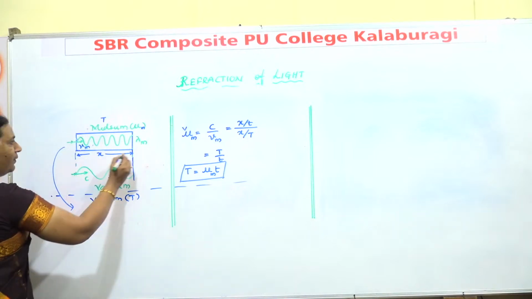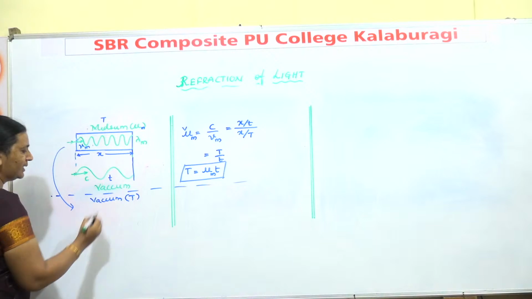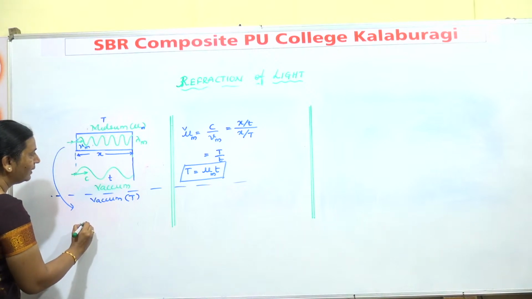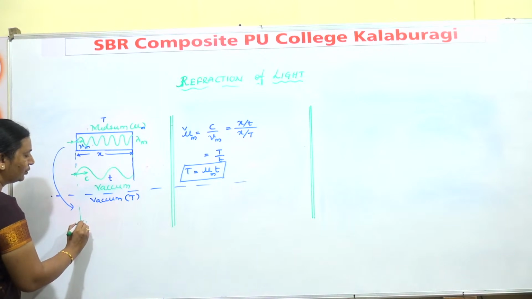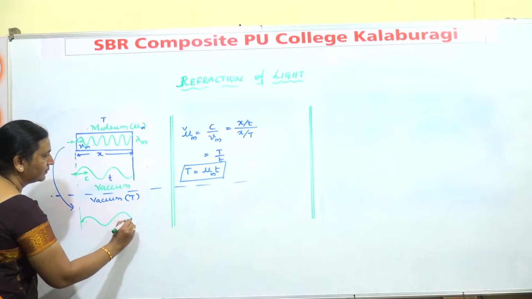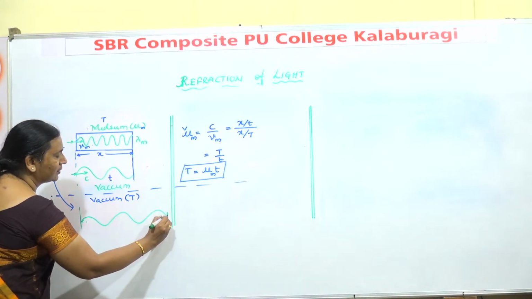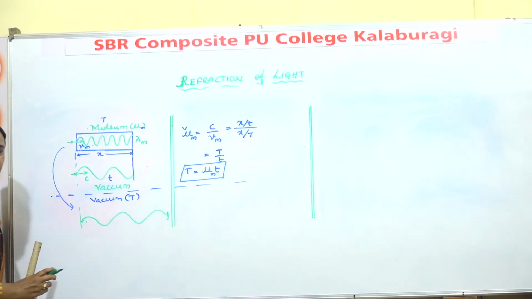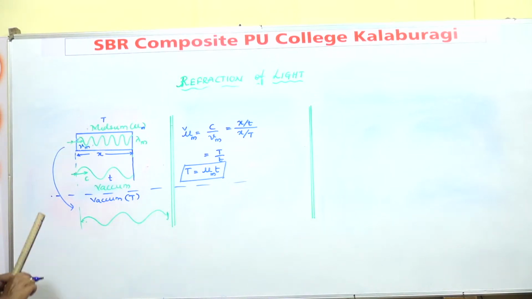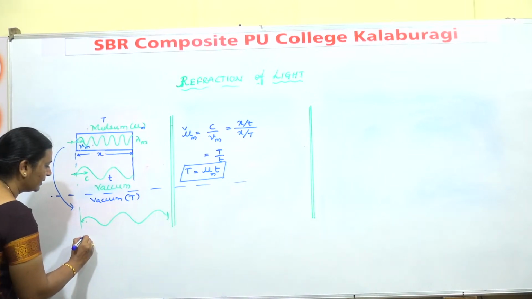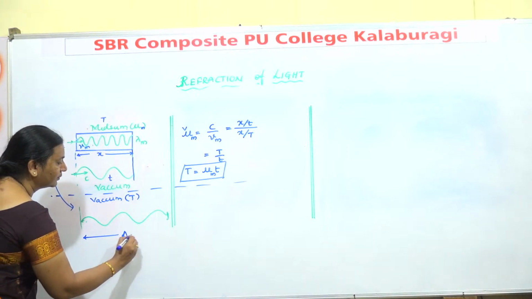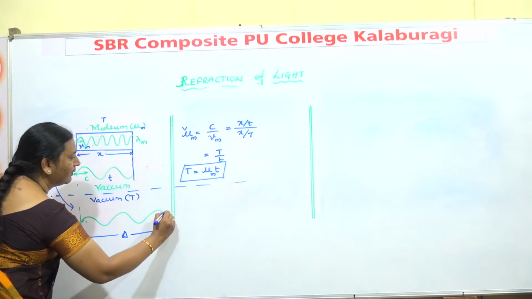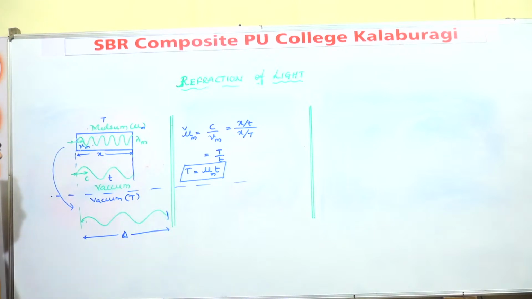So instead of x, imagine both start from here and it is going to travel some distance, say this much. Let me take this distance as delta.